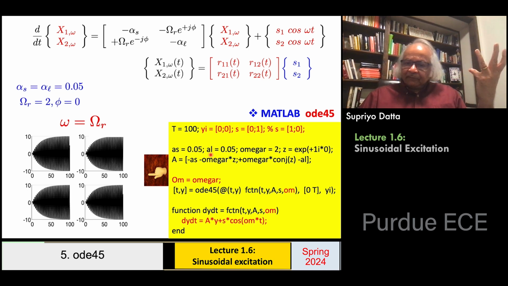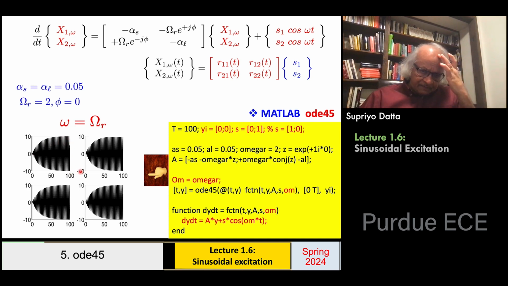But otherwise, much the same code. If you run it, what you'll see is that if you have a cosine omega t at the input, the response will also look like a cosine or a sine with the same frequency. But you'll see that it gradually builds up to some value and then reaches a steady state.